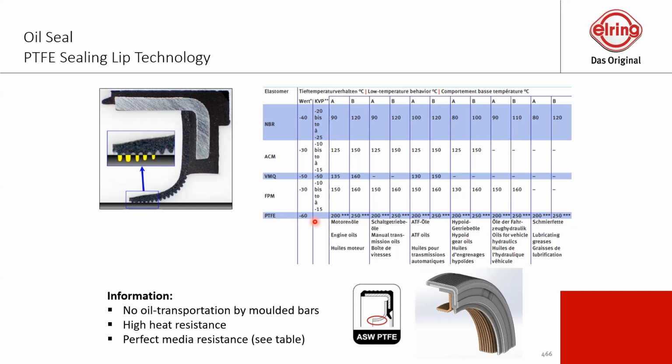The layout of this PTFE oil seal is a little bit different in comparison to a classical oil seal, because as you see, we have a rubber shoulder outside and metal inside. That's okay. But this part here especially is separated from the other one, because this is our PTFE seal.